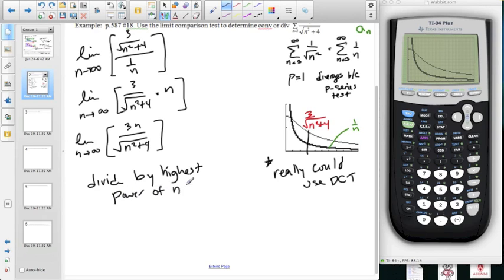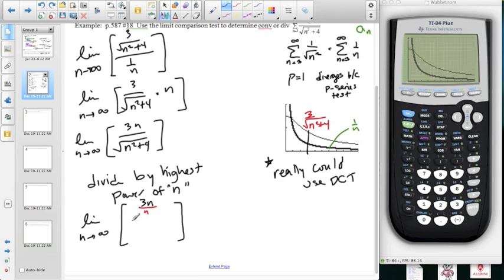And the highest power of n is n to the first power. This is the square root of n squared, that's n to the first power. So I'm going to take a limit as n goes to infinity, and I'm going to go ahead and divide this by the highest power of n. So I'm going to say 3n, I'll go to a different color here, divided by n.